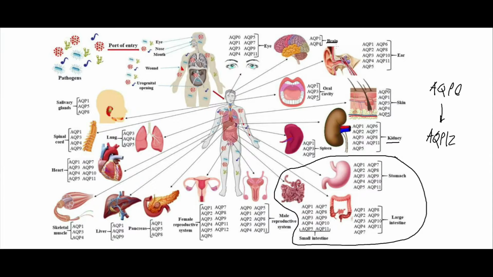There are papers on all these different aquaporins, but the thing to remember is that it's the same mechanism in all of these. So even though the paper I got this from was focusing on other tissues, the mechanism is still the same as in the digestive tract.